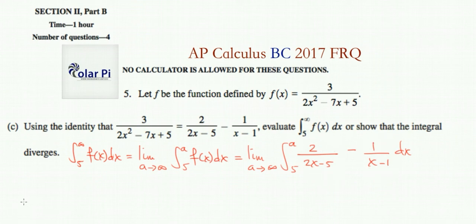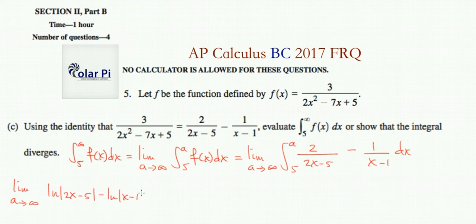So we're going to have the limit as a goes to infinity of the natural log of 2x minus 5, right? And that's for the antiderivative of that, and then minus the natural log of x minus 1.